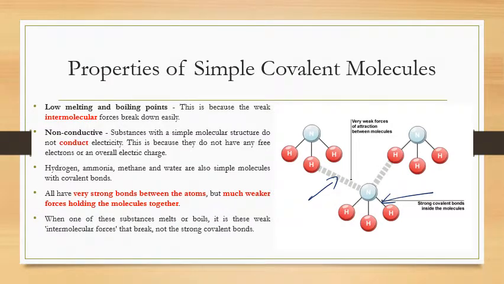So when one of these substances melts or boils, it is these weak intermolecular forces that break, not the stronger covalent bonds. An important point to note. So simple molecular substances like water are gases, liquids, or solids with low melting or boiling points. And this is the reason why.